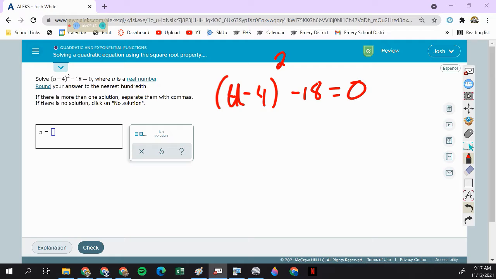If we look at the u, the first thing to happen to the u is minus 4. The second thing is the squared, and the third thing is the 18. So when we solve this, we're just going to work backwards by adding 18. So u minus 4 squared equals 18.